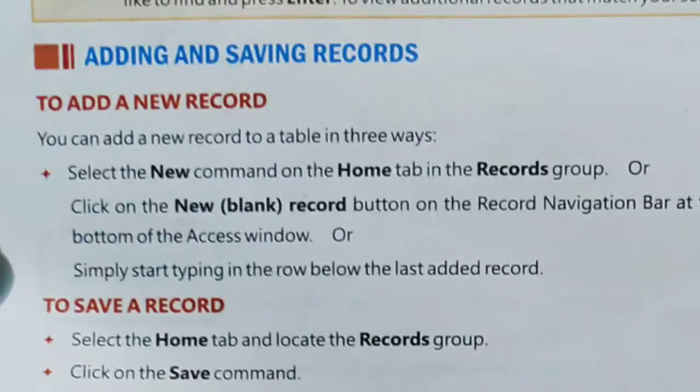If you want to add a new record, you need to open the table in datasheet view, and on the Home tab in the Records group, click New or click New Blank Record, or press Ctrl plus plus sign. Then find the record with an asterisk in the record selector and enter your new information.